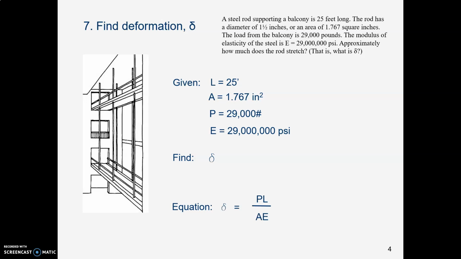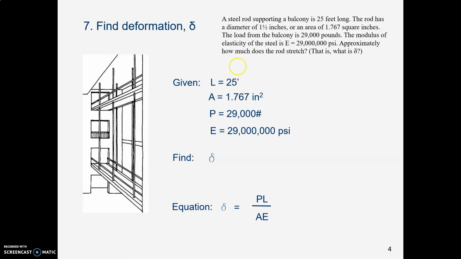PL over AE. Deformation equals PL over AE. One thing you want to watch out for, though, is think about the units. The area is in square inches. The modulus is in pounds per square inch. The length of the rod is in feet, 25 feet.